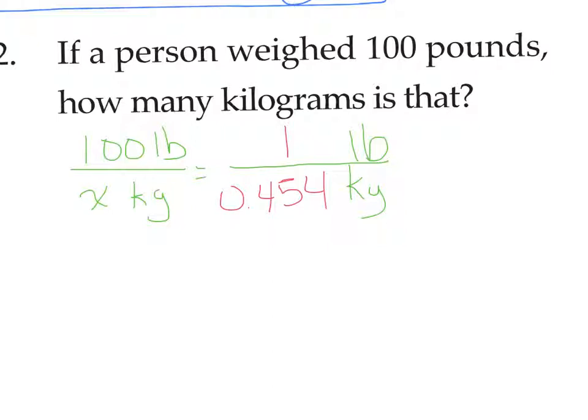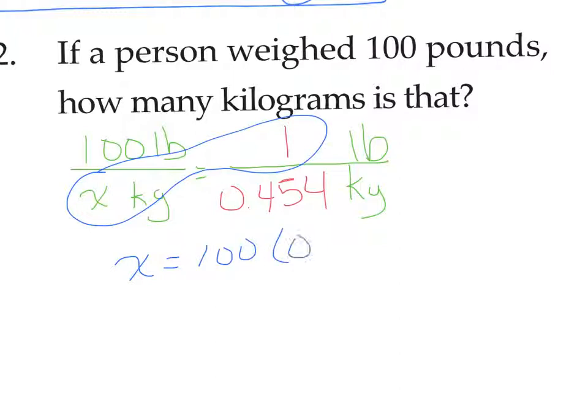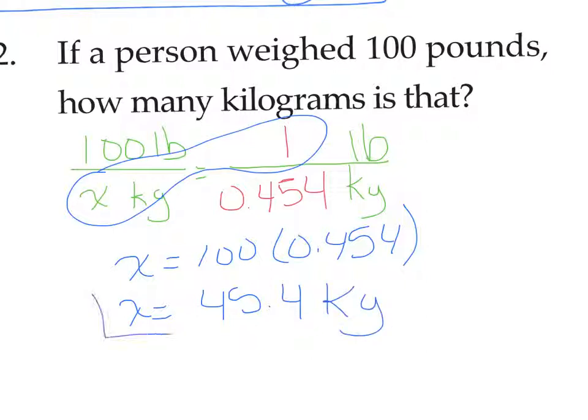So then we're going to cross multiply again to get an equation. So 1 times X equals 100 times 0.454. So X equals, if you remember, multiplying times 100 just moves this decimal 2 places. So this should be 45.4, and the units are kilograms.